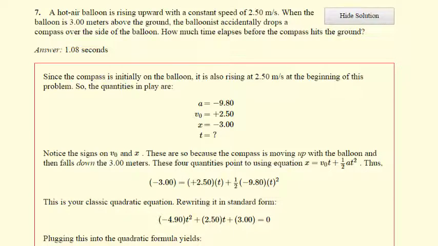This is true for the balloon, because the balloon is moving with constant velocity. But we're not asked about the balloon. We're asked about the compass, which is why I drew it in red. The compass is in free fall, which means a is negative 9.8 meters per second squared.